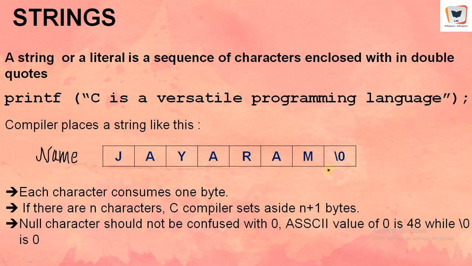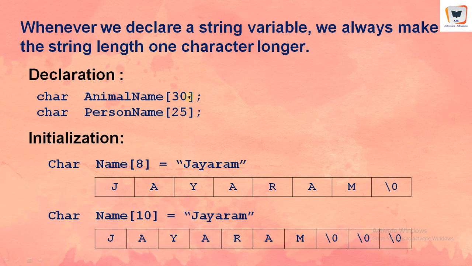Placement of the null character happens automatically if you read the string through standard input devices, or if we initialize the string in the beginning of the program. The null character should not be confused with 0 anyway. Though it is called null, the ASCII value of the character 0 is 48, while the ASCII value of the null character is 0.